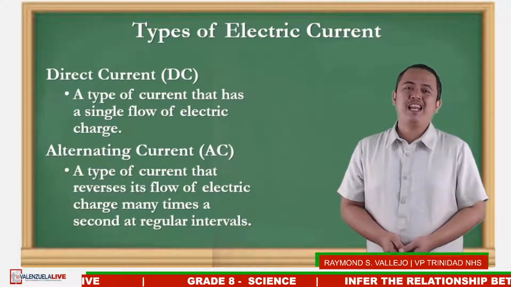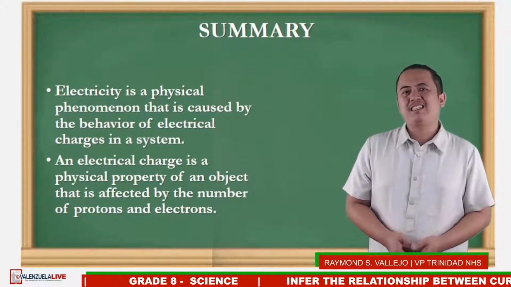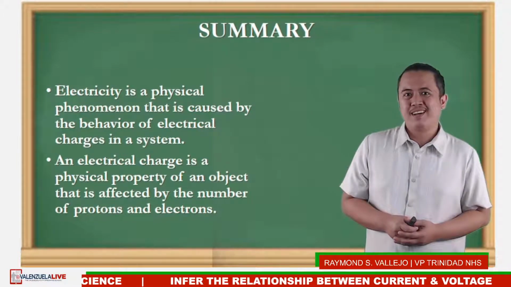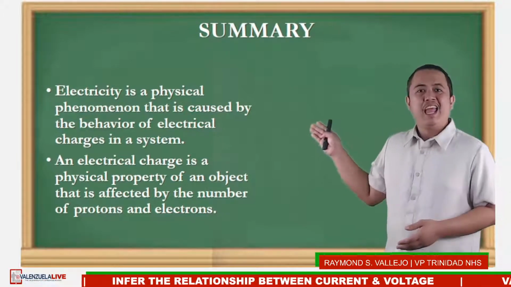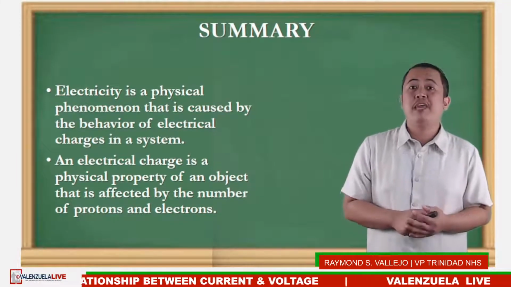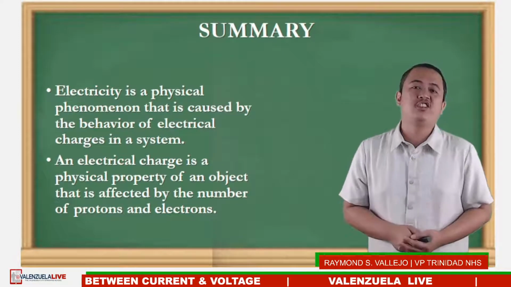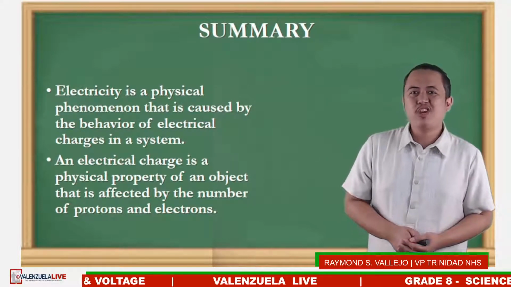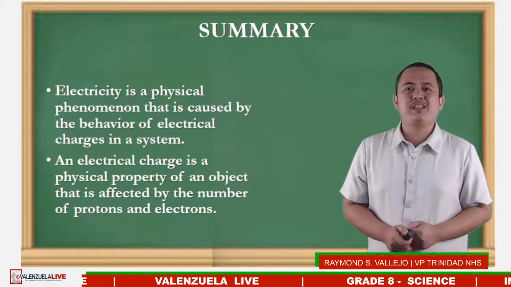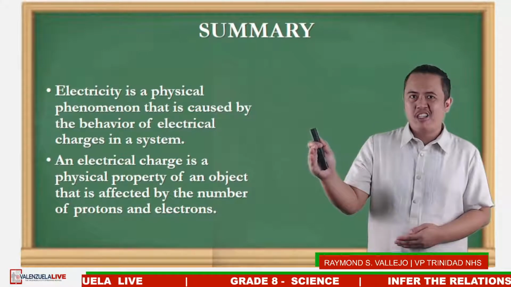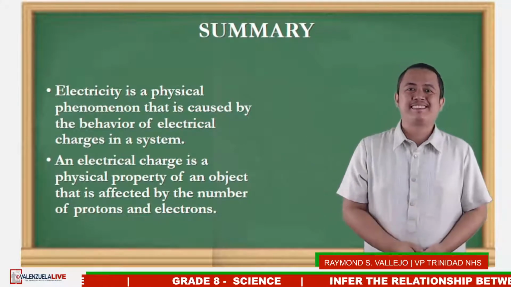Now that you have learned a lot for today's session, let us recap some of the most important pointers to remember. First, electricity is a physical phenomenon that is caused by the behavior of electrical charges in a system. Second, an electrical charge is a physical property of an object that is affected by the number of protons and electrons.